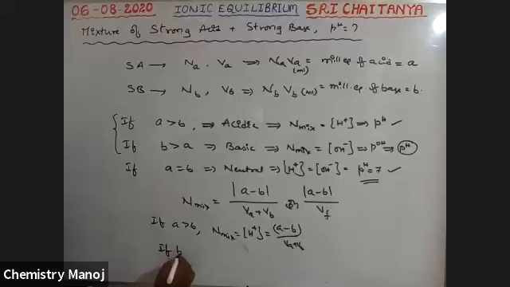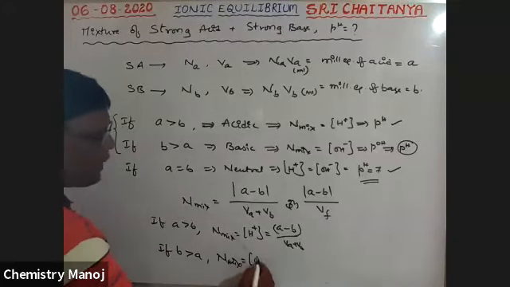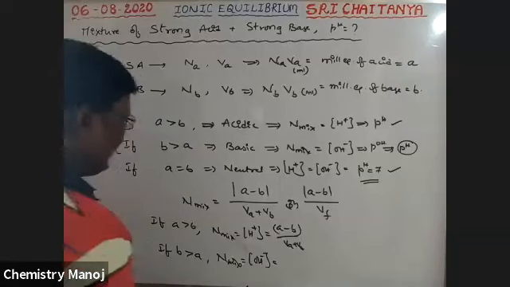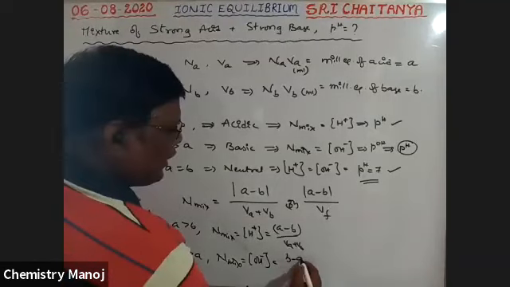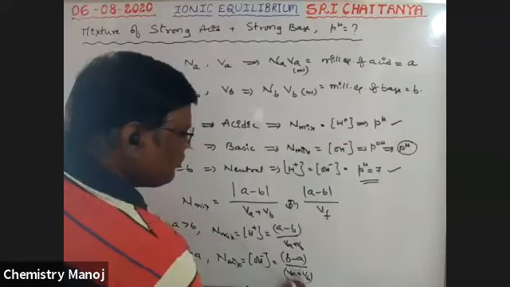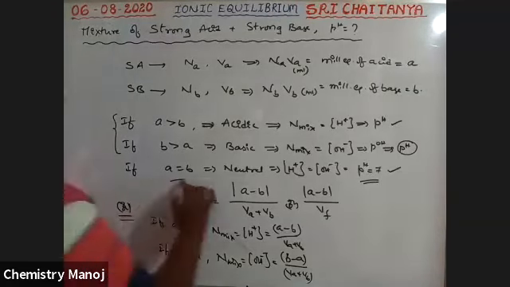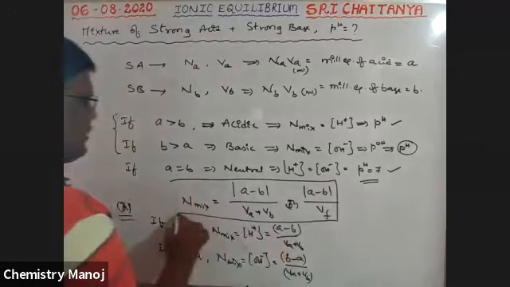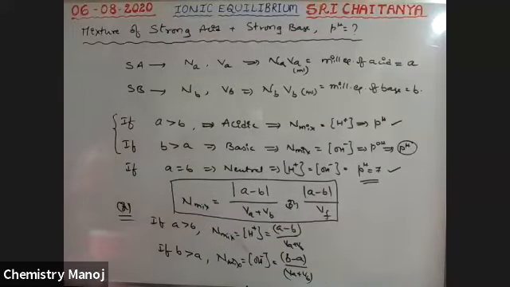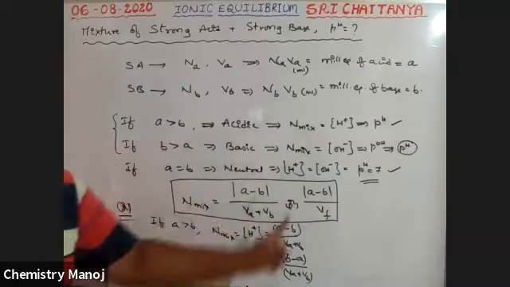If B is greater than A, N mixed is equal to OH minus ion concentration, that is B minus A by Va plus Vb, or V final. So these are the alternative cases. This is the important hint. This is the general formula, rewritten like this. So if strong acid is mixed with a strong base, these are the conditions.